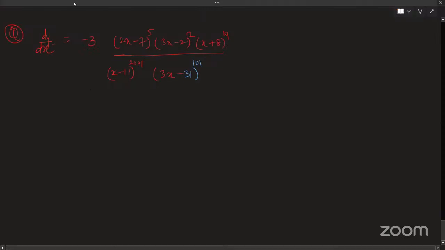Now I'm asking you where the function is increasing and where it is decreasing.